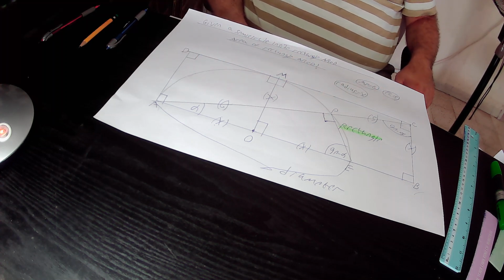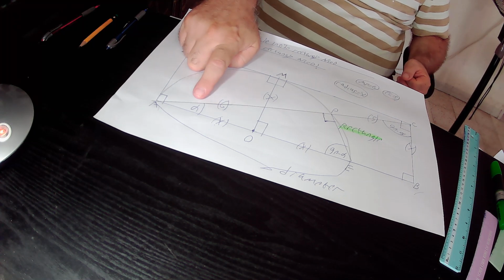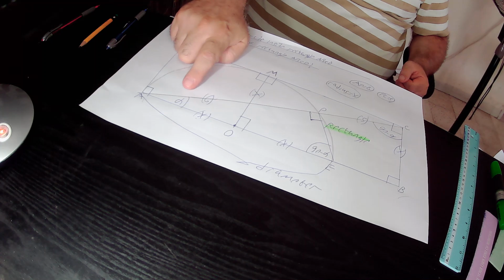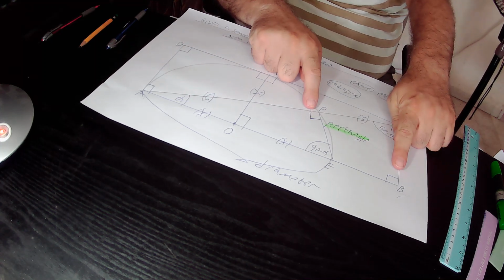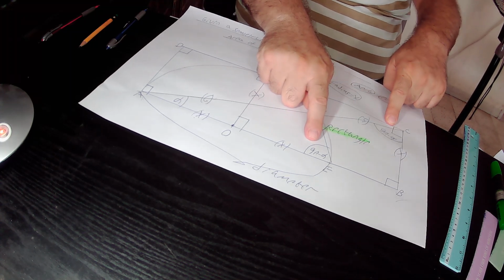So why are those two right triangles similar to each other? First of all, this is angle A, a common angle that belongs to both triangles. So angle A equals itself. In addition, those angles are both equal to 90 degrees, and therefore they are equal to each other. And finally, those two angles are both equal to 90 degrees minus alpha, therefore they are equal to each other.